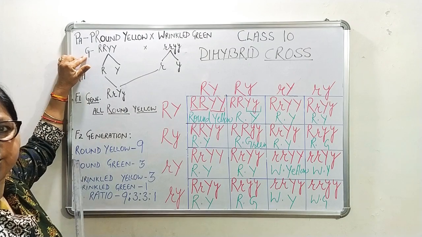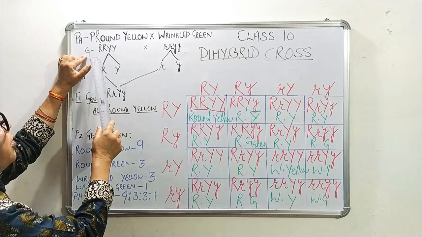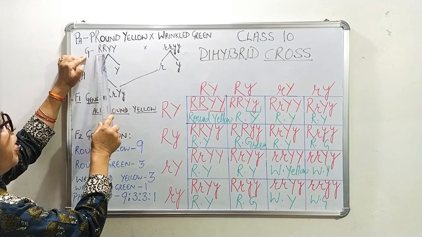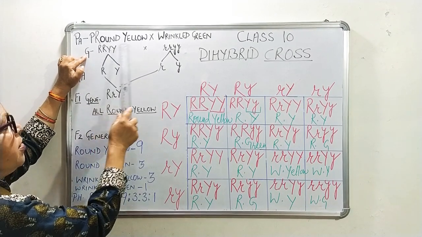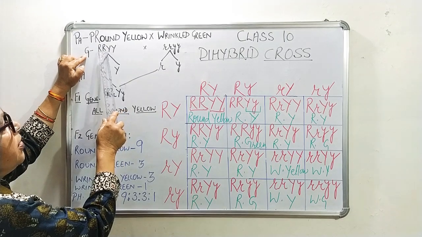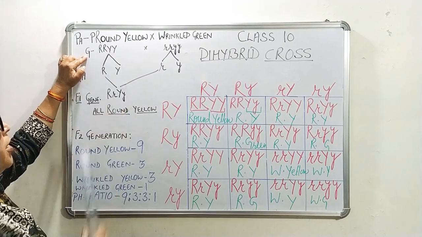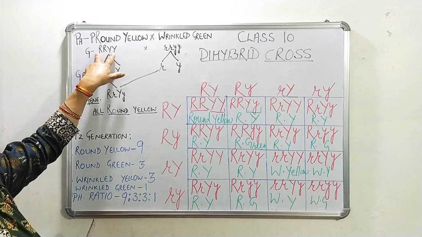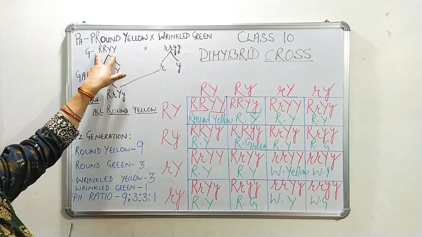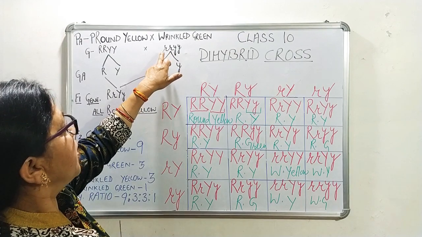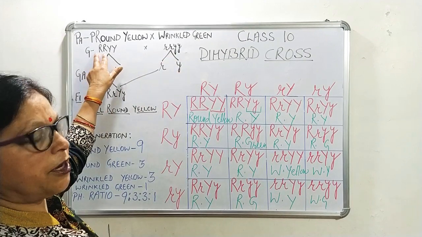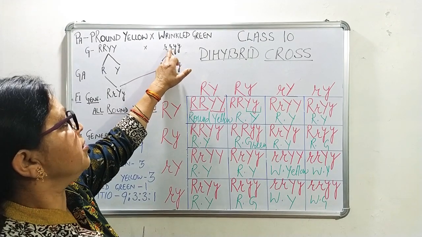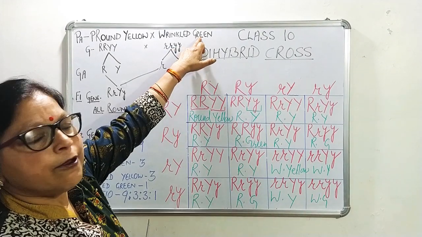Genotype is genetic constitution. Each character will be controlled by two genes or two factors. Round is controlled by capital RR, and yellow is controlled by capital YY. Since this is dominant character, we will denote it with capital letters. This side wrinkled, here it was capital R, so we will be using two small r for wrinkled and two small y for green.